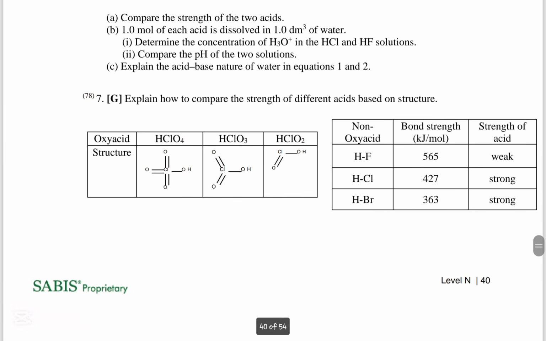Explain how to compare the strength of different acids based on structure. So, before we get started with these 2 comparisons, let me discuss the strength of acids in general. We have many different types of comparisons, but there are 3 main ones we need to focus on. Of course, all organic acids, meaning any acids like CH3COOH, are weak acids, okay?